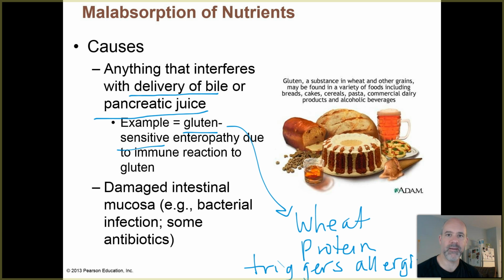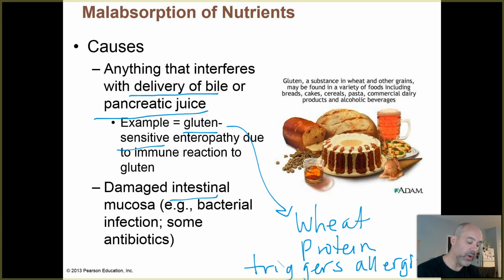It's not like a molecule of a bacterium or a virus that we need to get rid of. It's seeing this wheat protein called gluten as something foreign that the immune system needs to respond to. The immune system over-responds. That's a type of hypersensitivity or allergy, and that causes inflammation along the intestinal lining, which can be very painful, and it can cause problems with absorption. If you have a lot of inflammation along the intestinal lining, absorption is not going to function properly.